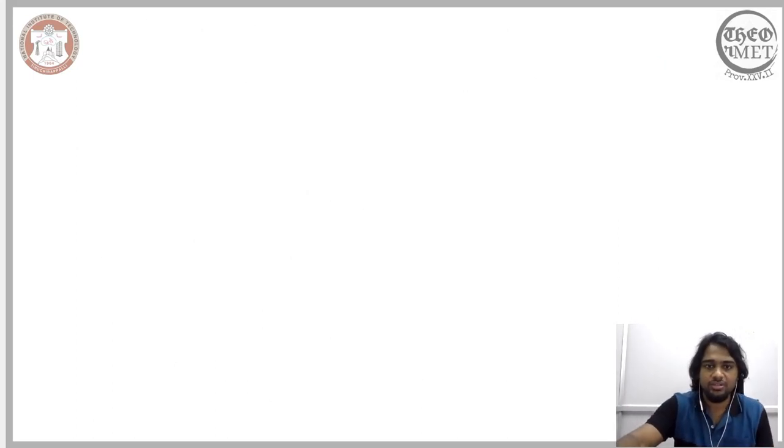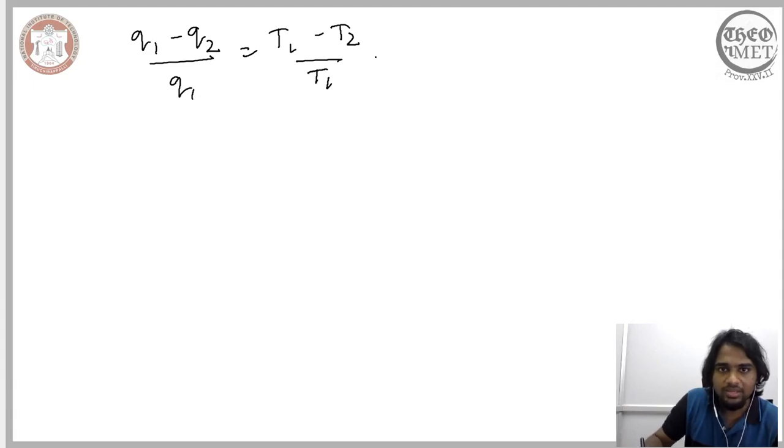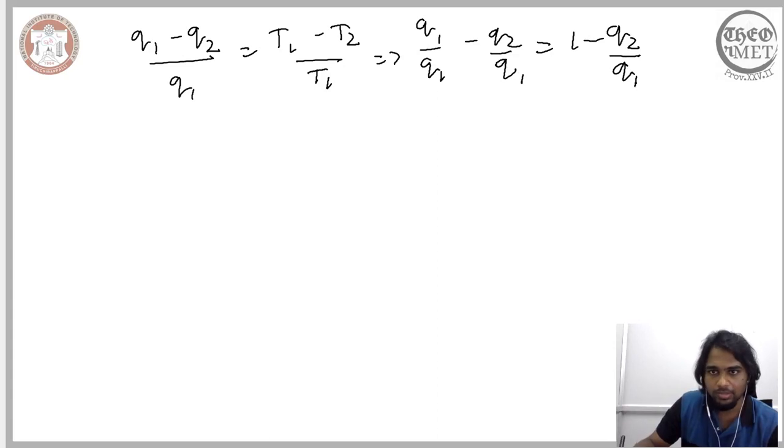So essentially we will begin with this expression here. So Q1 minus Q2 by Q1 and T1 minus T2 by T1. So this here can be expressed as Q1 by Q1 minus Q2 by Q1. So you are just splitting this expression, and ultimately you will end up with 1 minus Q2 by Q1. Now the same operation can be performed for the temperature expression here.